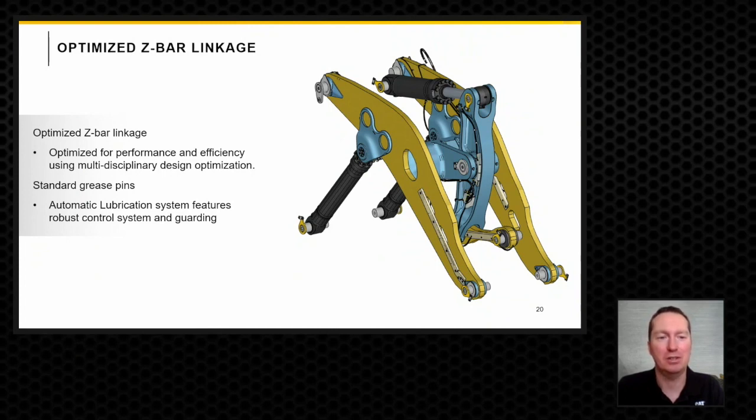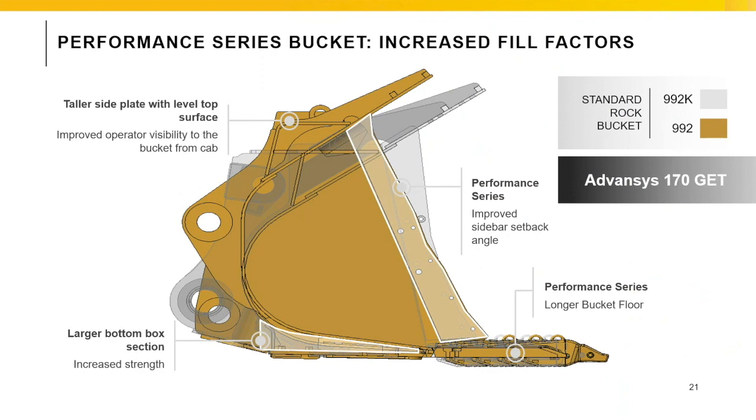We were able to use this multidisciplinary design optimization to come up with a linkage that really is competent at what it does, and it really enables that next level of efficiency. And along with that, going to a Z-bar linkage also allowed us to go back to standard grease pins for ease of service.